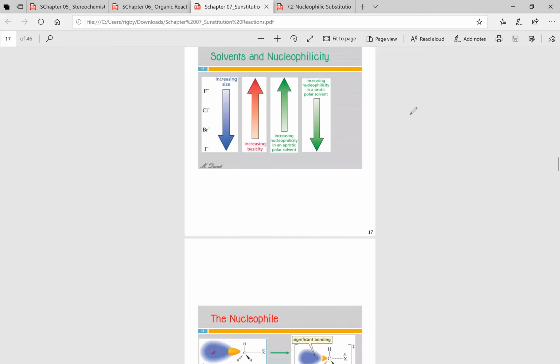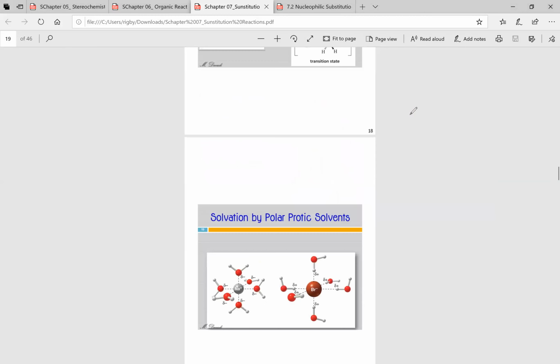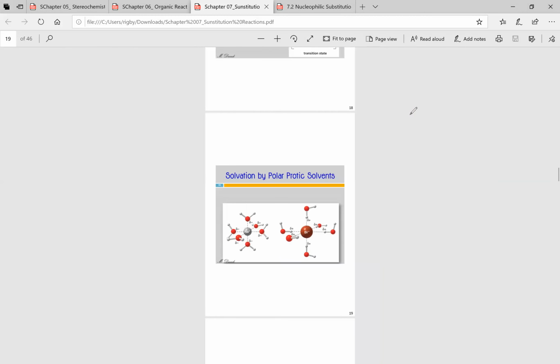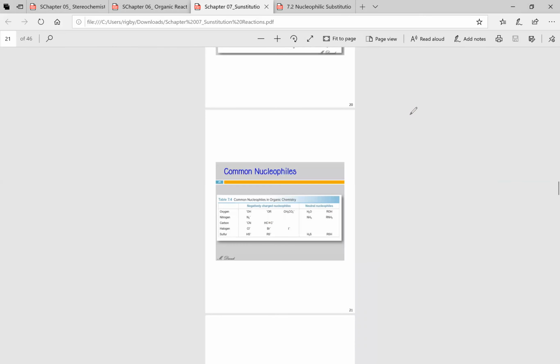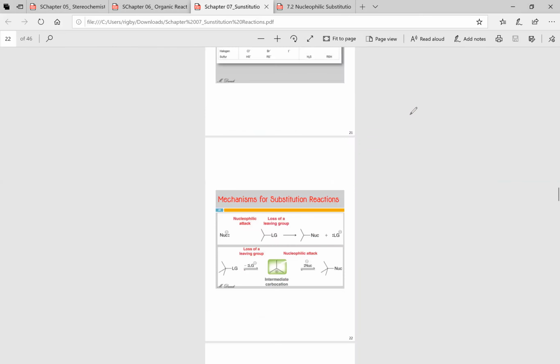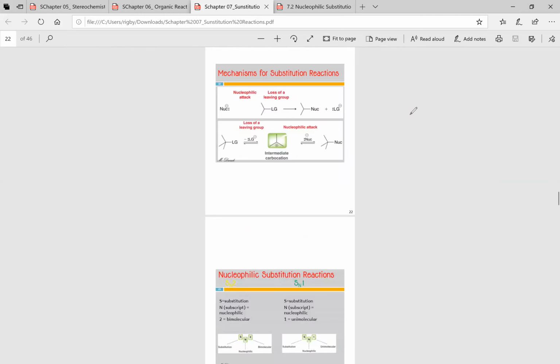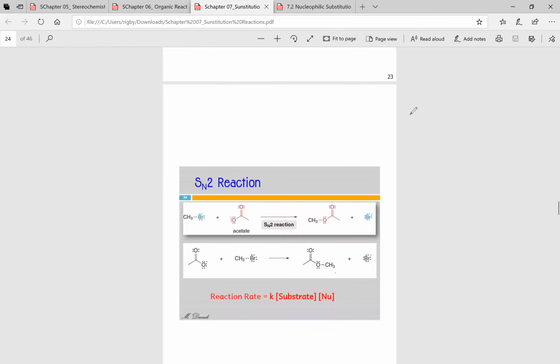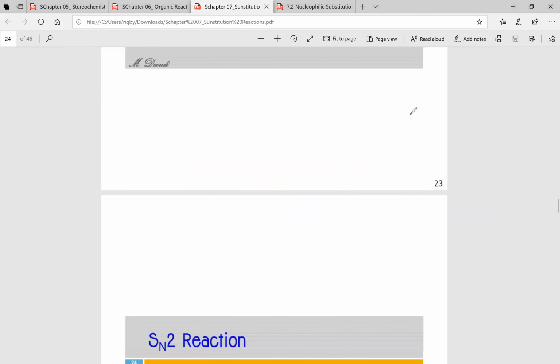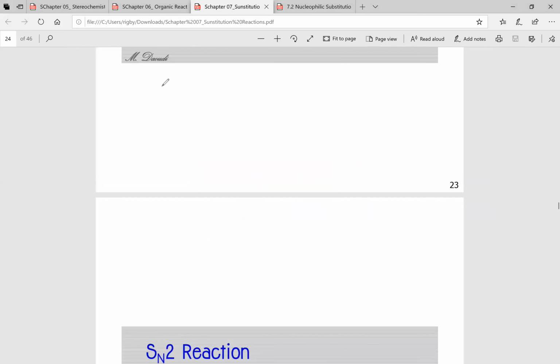The last thing, again, we already talked about nucleophilicity. We already talked about the leaving group. We talked about the protic solvents, and we talked about how the substrate affects it. So I'm going to make a nice little chart right here, and we're going to compare Sn1 to Sn2. So Sn1 versus Sn2.